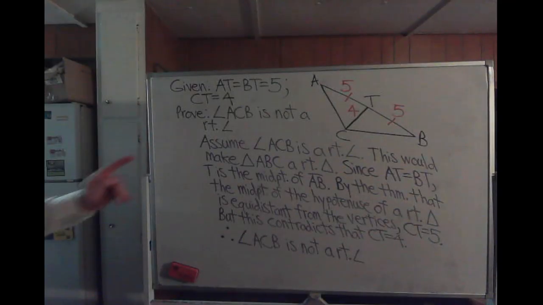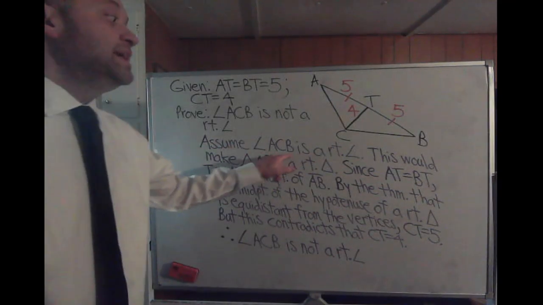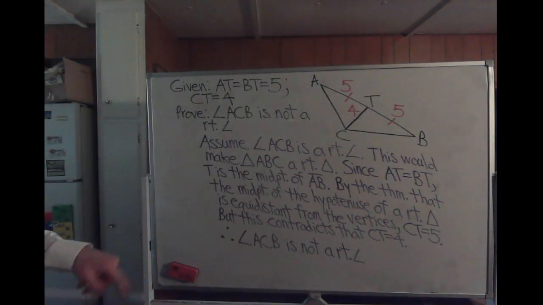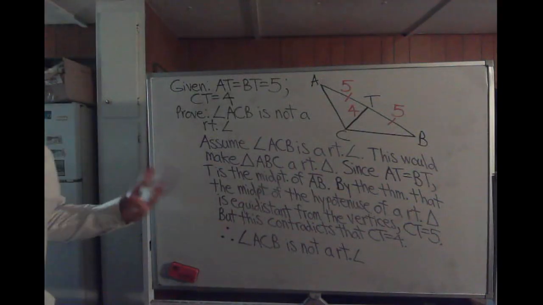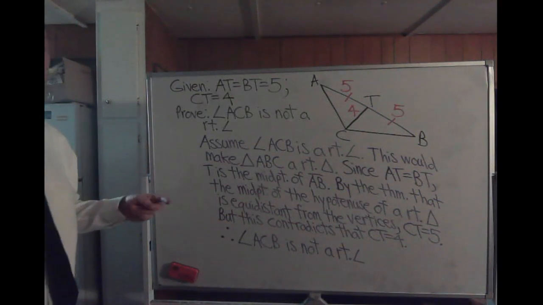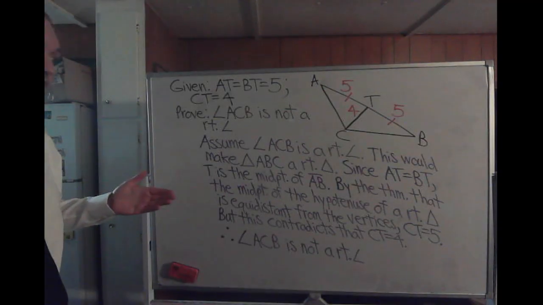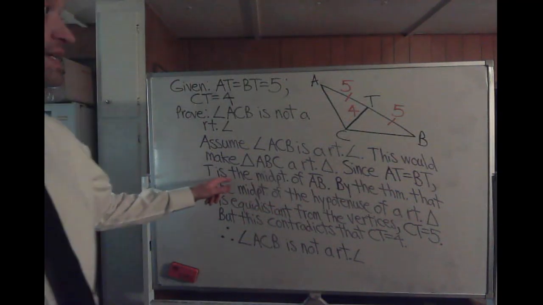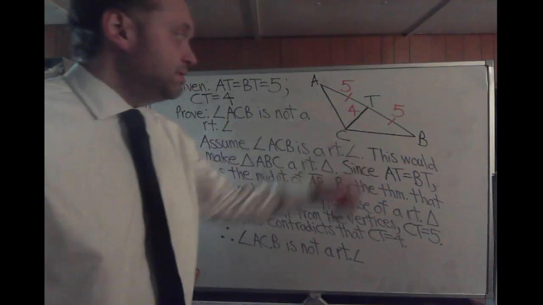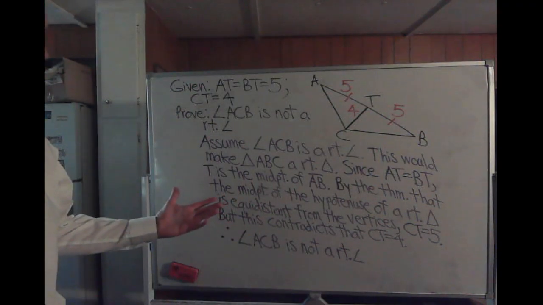So we start by assuming that angle ACB is a right angle. This would make triangle ABC a right triangle, right? If you have a right angle in a triangle, that makes it a right triangle. Since AT equals BT, T is the midpoint of AB by the definition of midpoint.